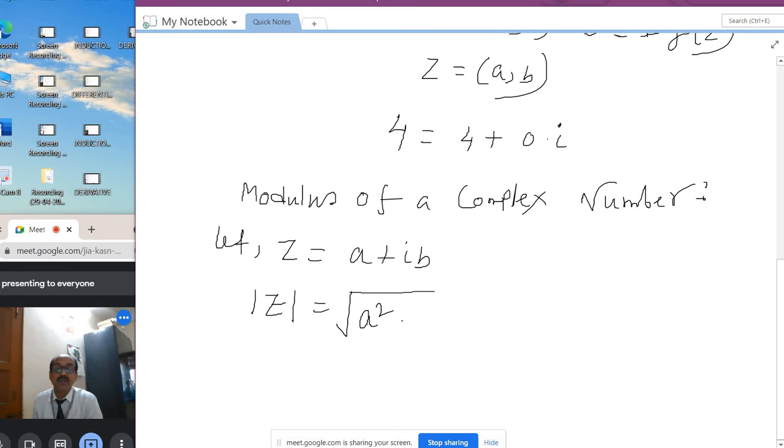A square plus b square. And we know the mod value is always positive. Okay. And this is the formula for the modulus of any complex number. So under root a square plus b square, that means the real part squared plus the imaginary part squared. Okay. This is the modulus of any complex number. Mod z equals.